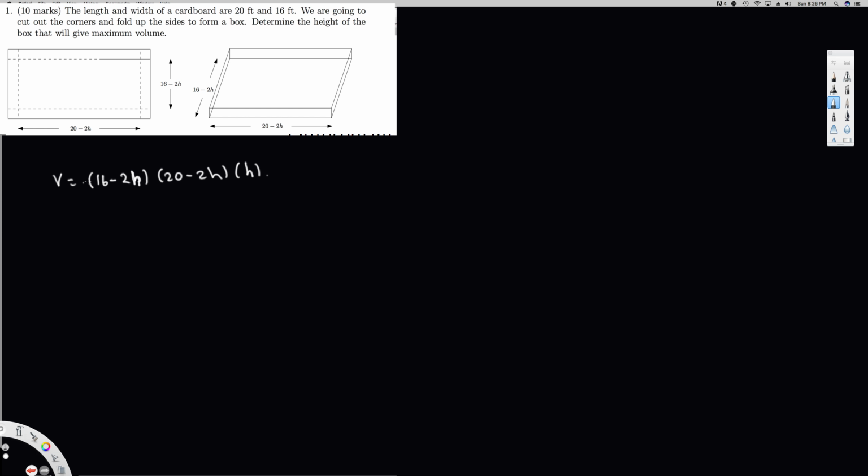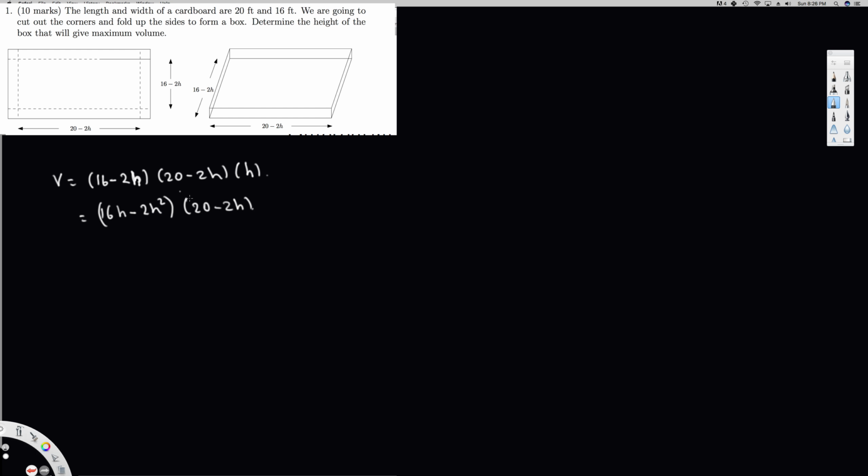And from this one I can simplify by multiplying everything. First, let's multiply this one by h. If I multiply this by h, I will get 16h minus 2h square. Here we have 20 minus 2h.